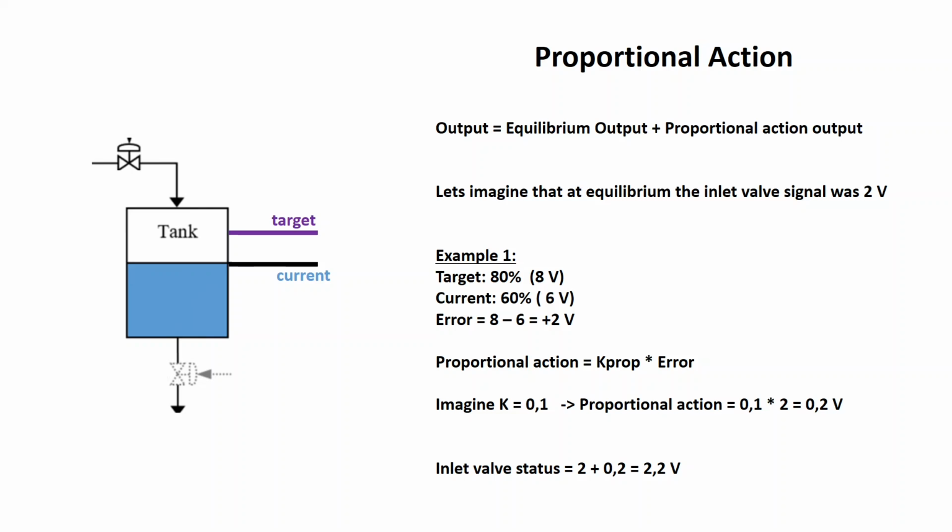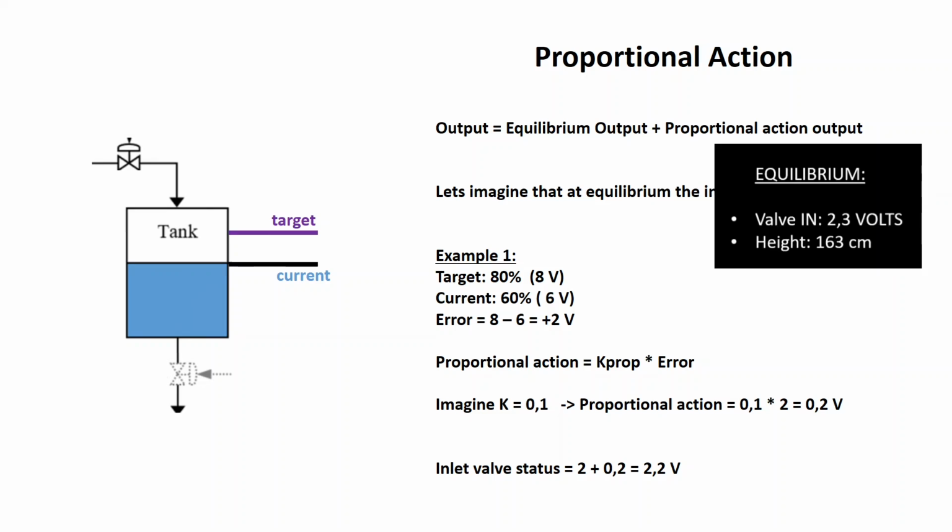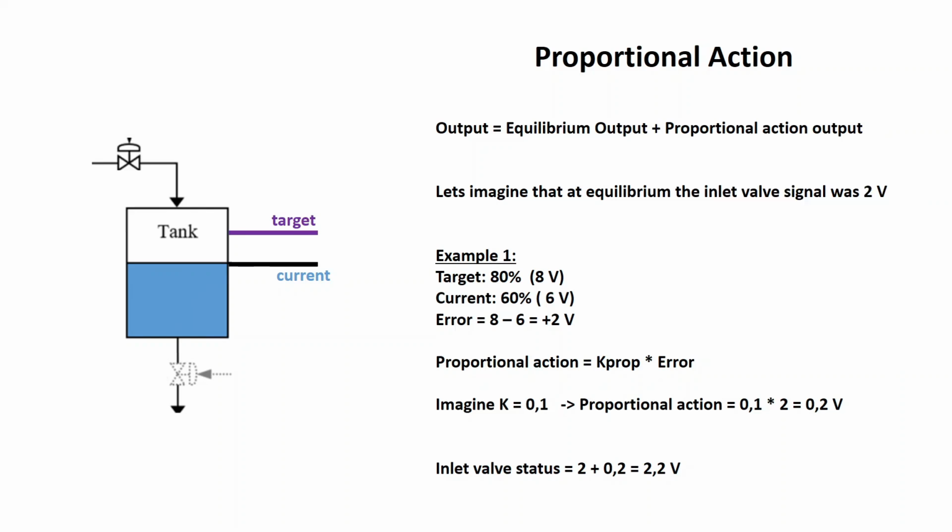The equilibrium output is the output that is necessary to maintain the equilibrium point. That's already set and is permanent once we have established it. And now let's imagine, for example, that at equilibrium, the inlet valve signal was 2 volts. So the equilibrium output is always 2 volts. And then we add or subtract a certain proportional action.